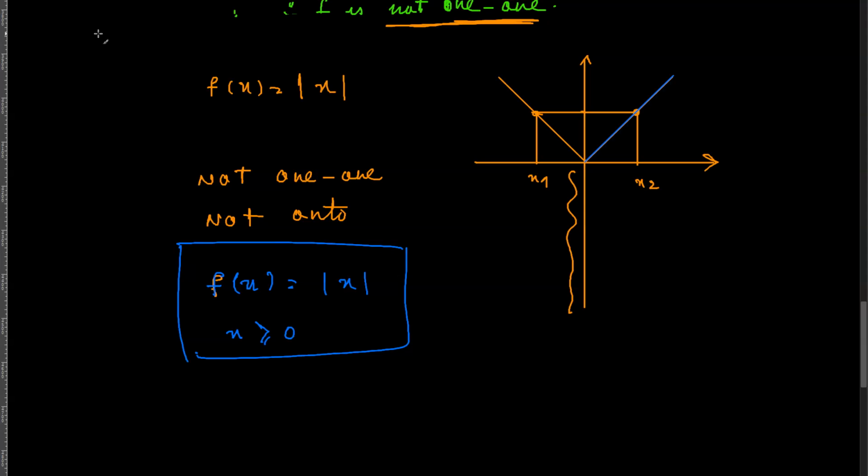Now, as we talked about in class 11 about the trigonometric functions, we said that of course they are not 1, 1, and they are not onto over their natural domains and ranges, and hence their inverses do not exist.